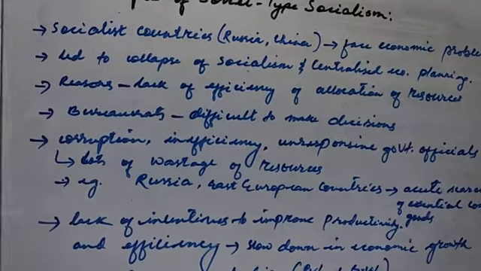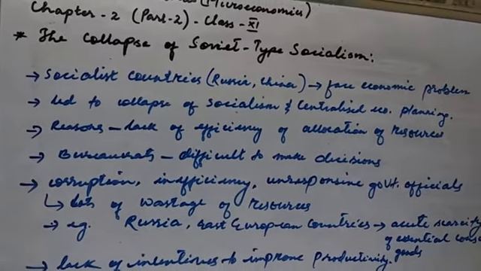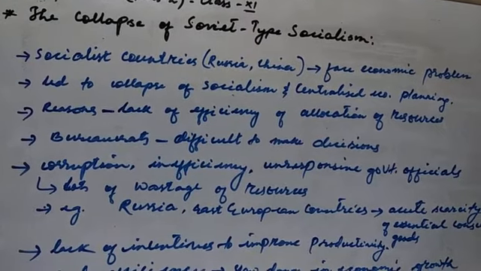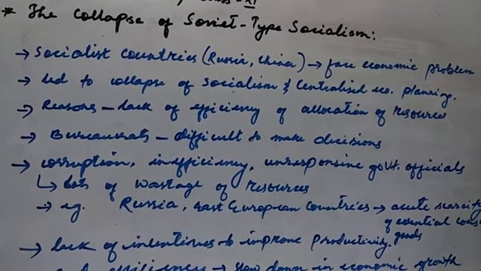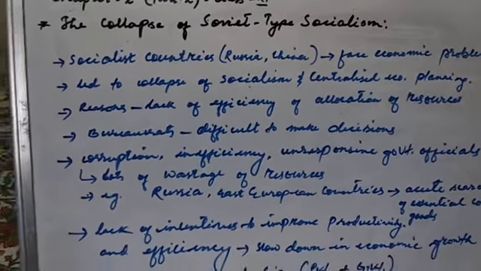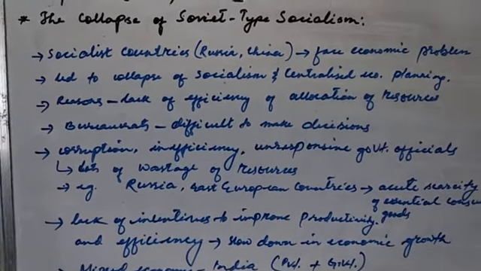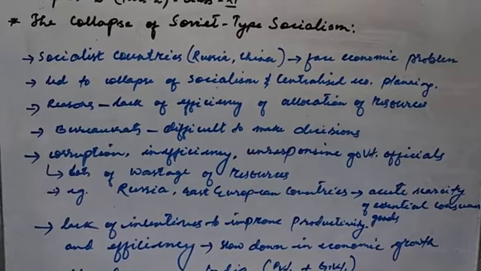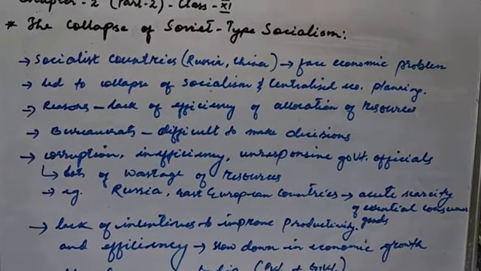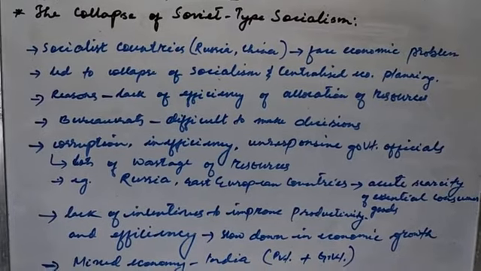So we shall see in this topic the collapse of Soviet type socialism. Centralized planning is followed by socialist countries, as I have mentioned. And then we have seen in history that the Soviet type socialism collapsed. We shall see why.